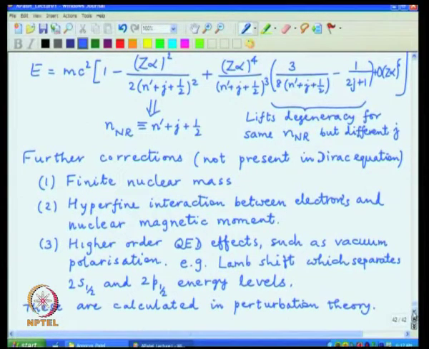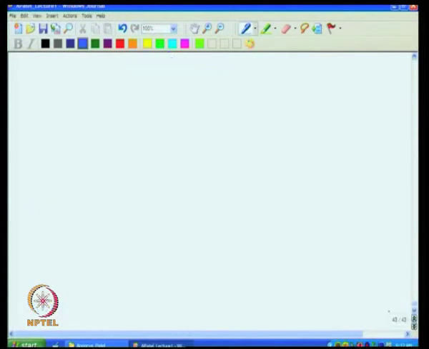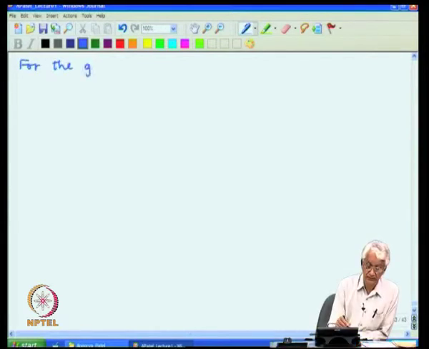We can again make certain observations for the ground state, because the expressions are quite simple.